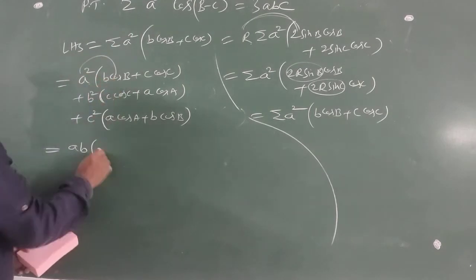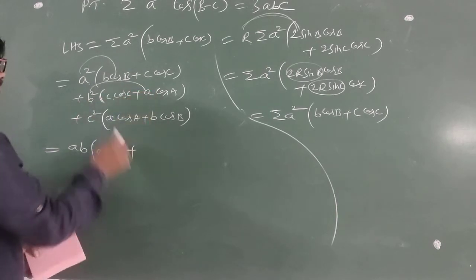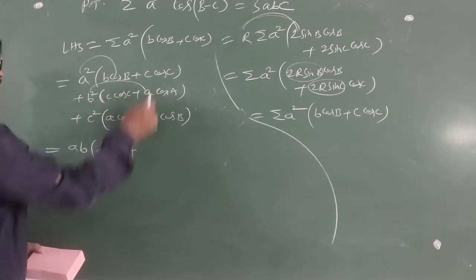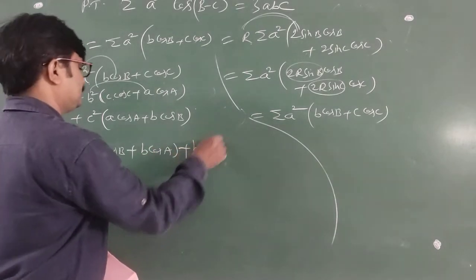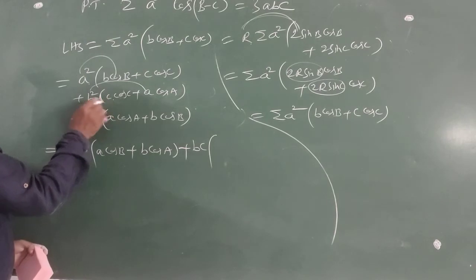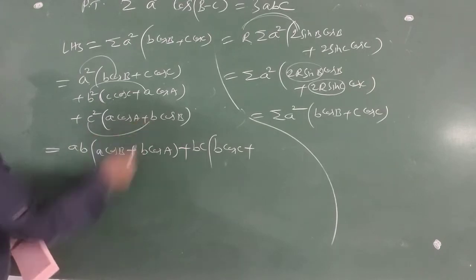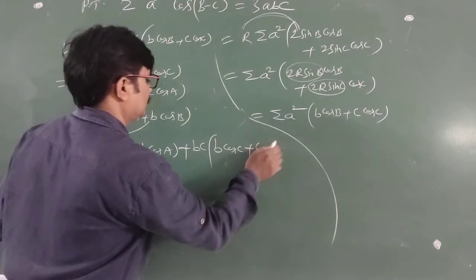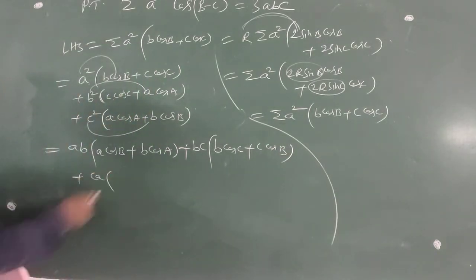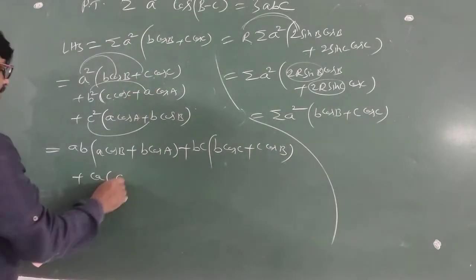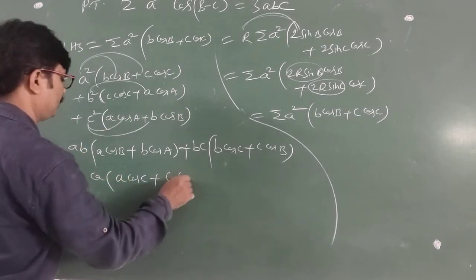What is there here? a cos B is there, when we take ab as common, the remaining is b cos A. Similarly, now we take bc as common. When we take bc, what is remaining? b cos C and c cos B. Then we take ca as common, so here the remaining is a cos C and c cos A.